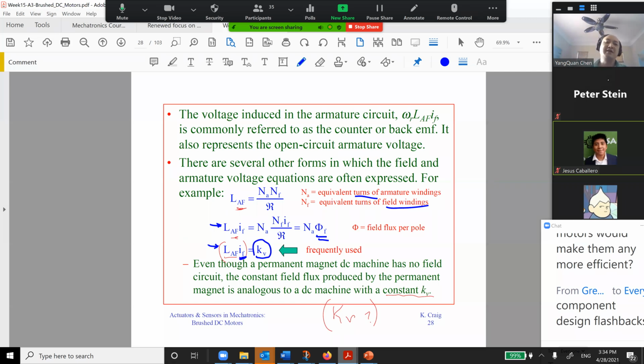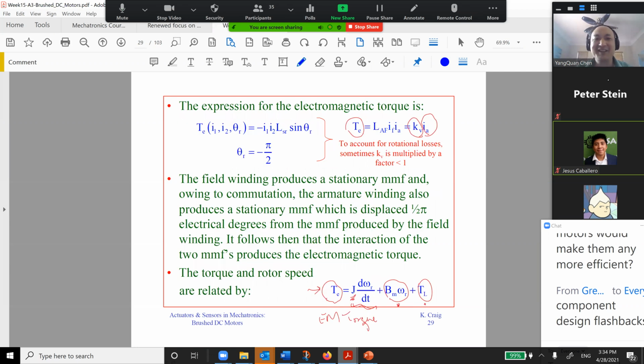When you buy a DC motor, or even a brushless DC motor, usually they ask what the kV value is. That is the DC machine constant kV. It's a very important parameter. The higher the kV value, the more expensive.